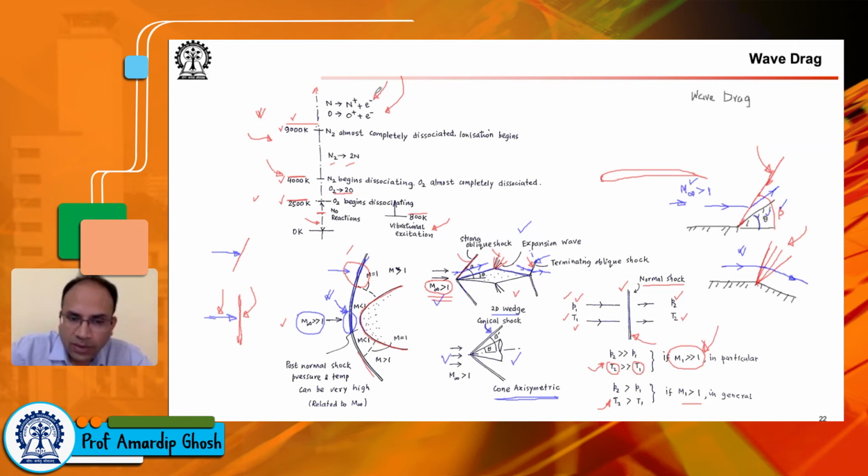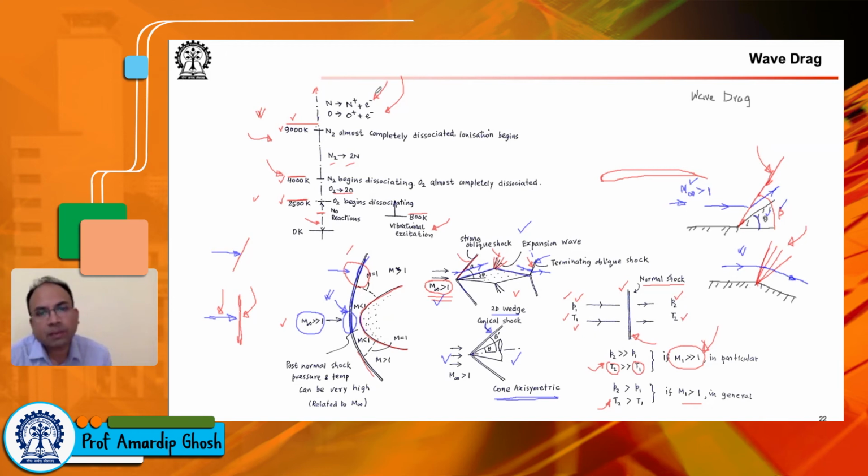So this is a very strange situation where your vehicle is flying supersonic, and the Mach number is so high that T2 behind the shock wave becomes so high that all these effects are happening.